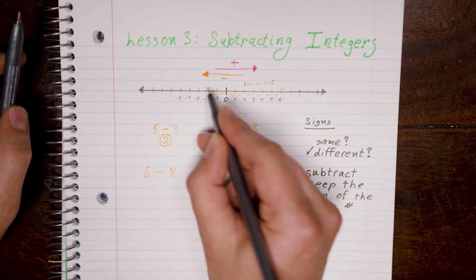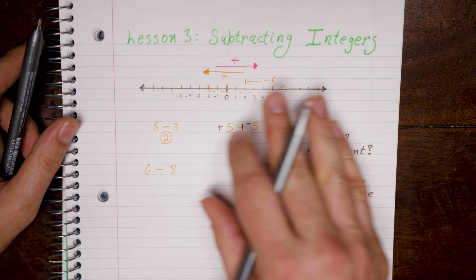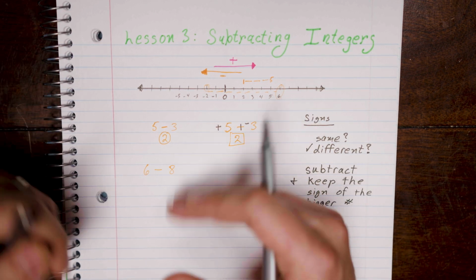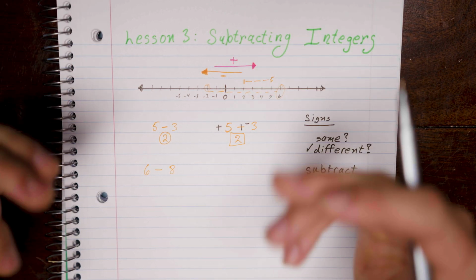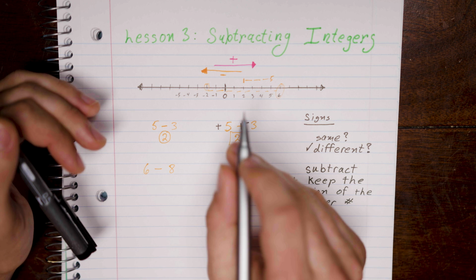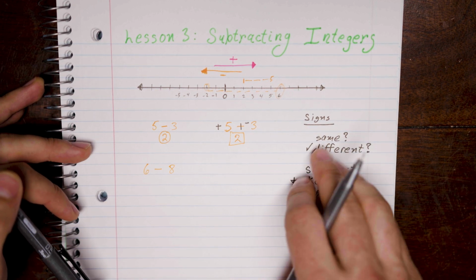And we end up at -2. But it's really a pain to draw a number line on every problem, and the more lengthy our problems get, the more of a pain it's going to be. So we really need to think of a way to do it without a number line, which is the whole point of these rules.